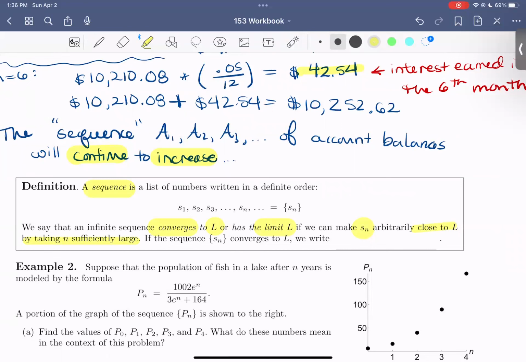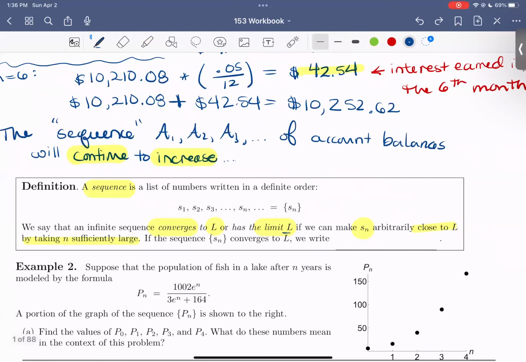Meaning our sequence converges to this number L if we can get as close as we want to L without going over, without blowing up, by taking n large enough. So as n goes really, really large, the values of our sequence get closer to L.